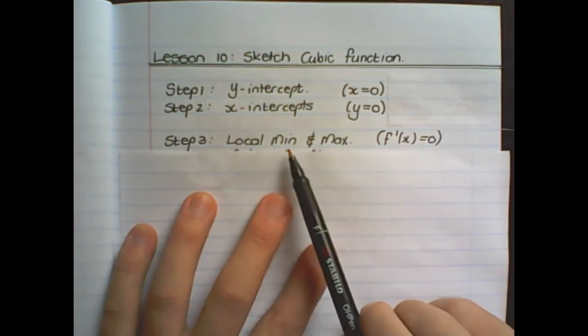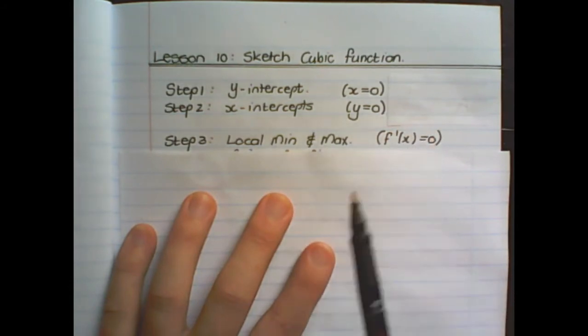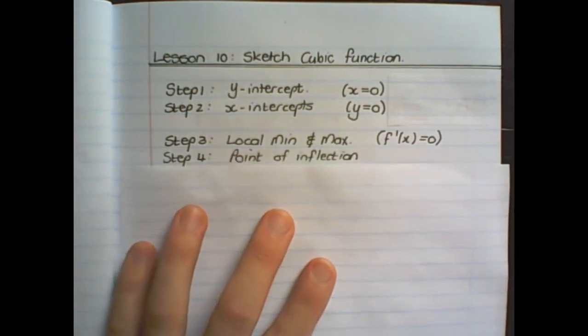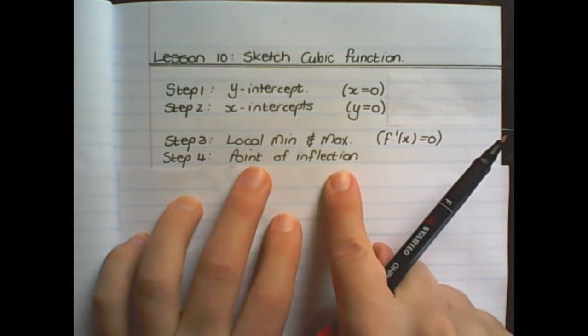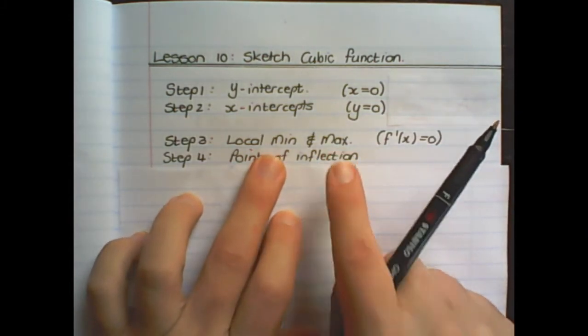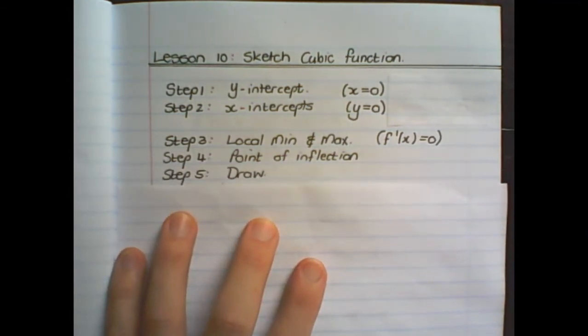And remember, at the local minimum and local maximum, the derivative is equal to 0, or the gradient is equal to 0. Step 4 is to find the point of inflection, and the point of inflection is the point in the middle of the local minimum and maximum. And step 5 is to simply plot and draw the function.